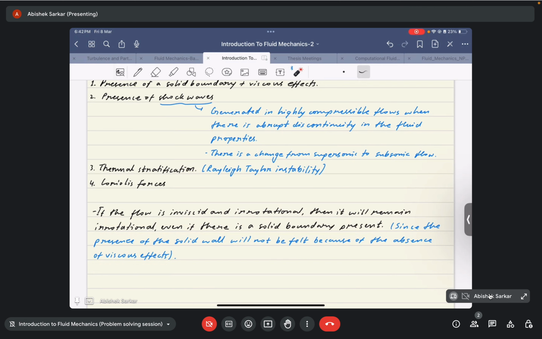Okay, so in essence, this kind of flow or this kind of condition is never possible, because there is no fluid that has zero viscosity, and it is very hard to generate flows that are irrotational from the very beginning, because flows in their very nature are most of the time attached to a solid surface, which in turn generates the vorticity or makes the flow rotational, or at least does so in the boundary layer region, which we'll discuss, what is the boundary layer and what are its properties.